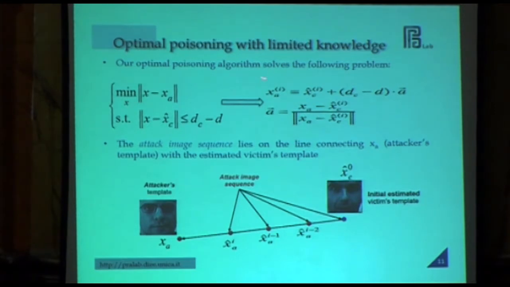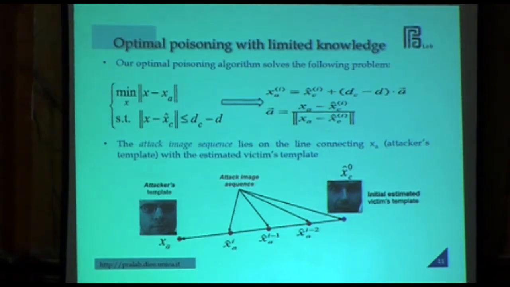So this is the formulation of the optimal poisoning attack: a minimization problem with a constraint. The solution is not difficult. You can find the solution exploiting the Kuhn-Tucker conditions, the same conditions that you use for support vector machines. And the solution is a sequence of attack images.